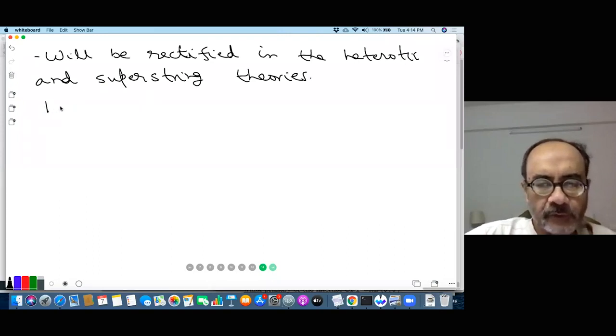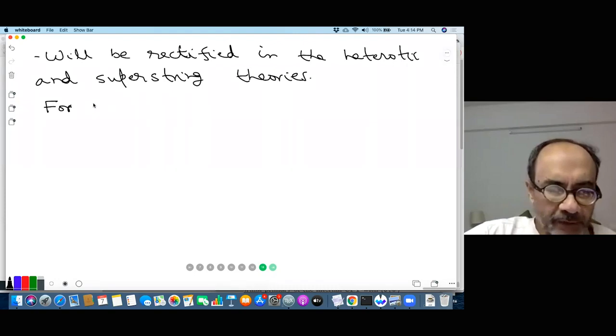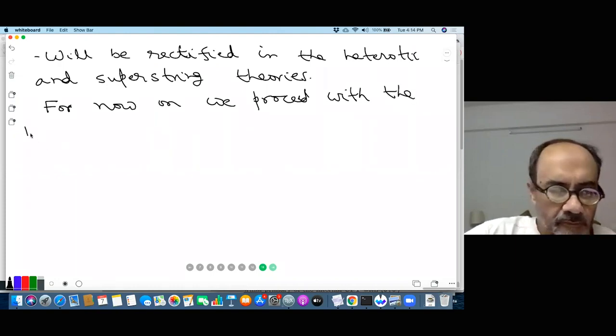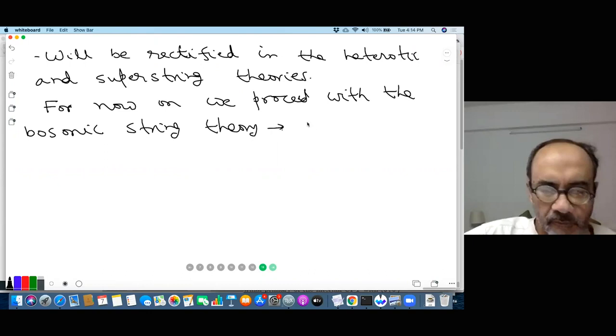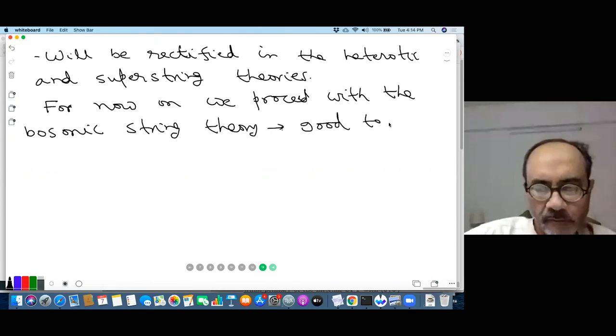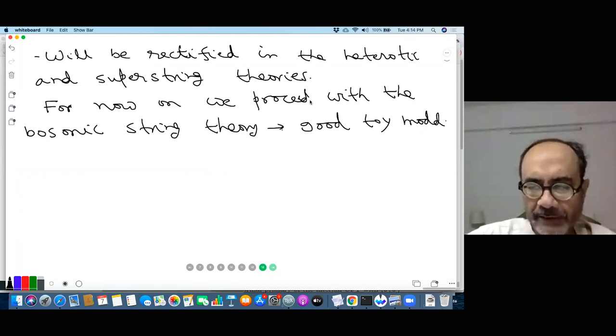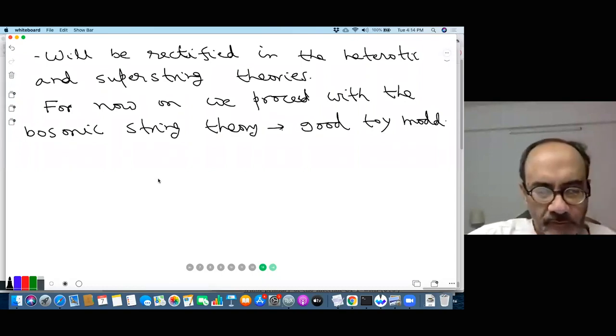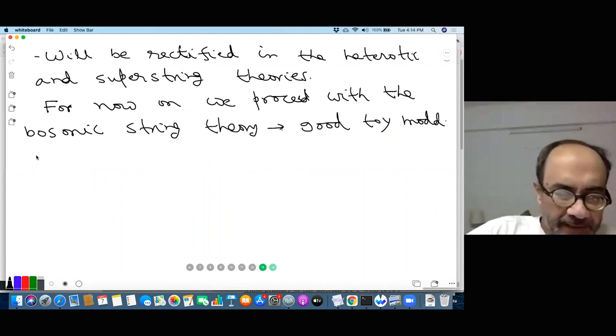So for now we'll proceed with the bosonic string theory because it's a good toy model. But we have to keep in mind that this theory is not fully consistent. Okay, keeping this in mind, let's go to the second example.